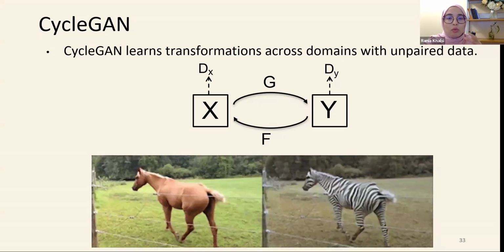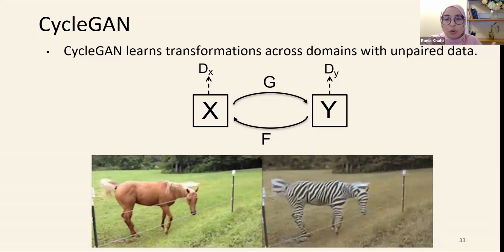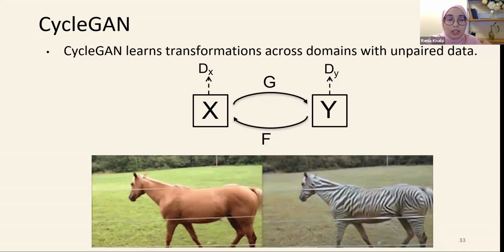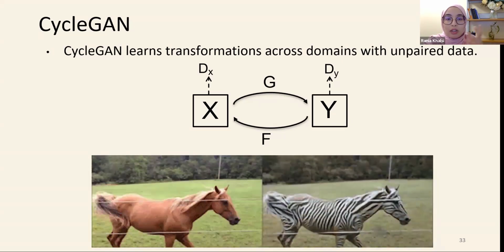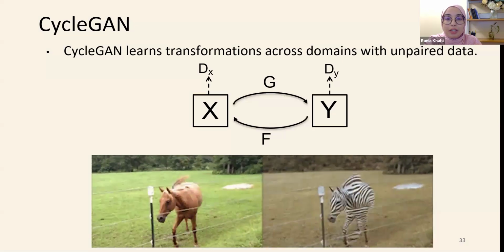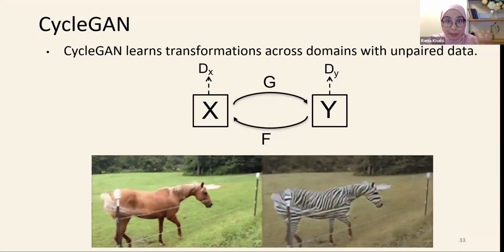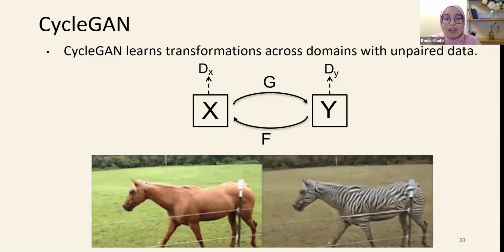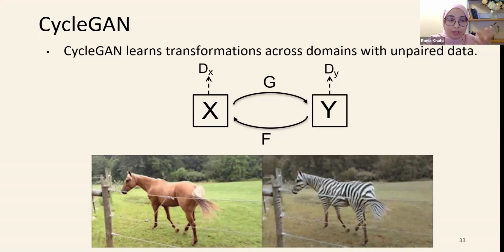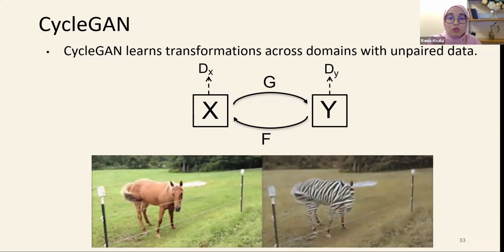The way CycleGANs do this is by using a cyclic loss. Instead of having just one generator and one discriminator, CycleGANs use two generators and two discriminators, one for each domain.